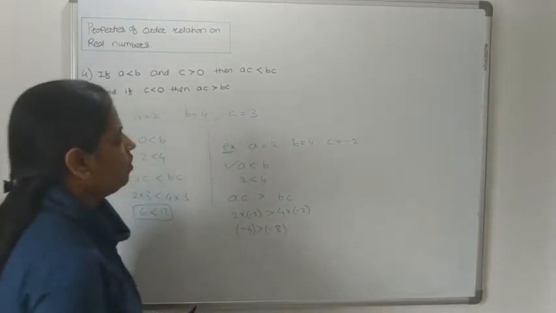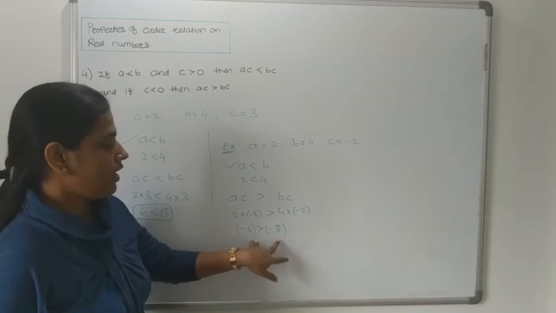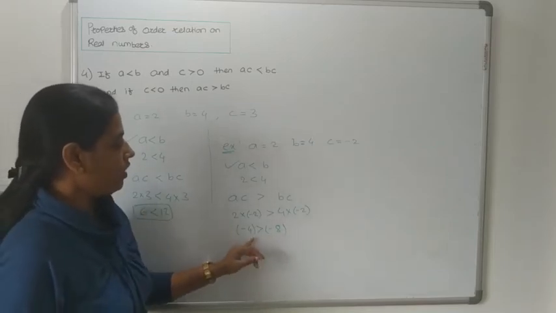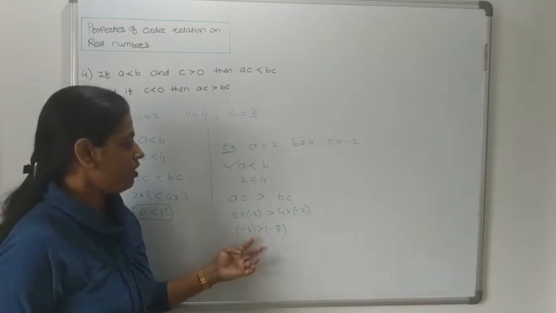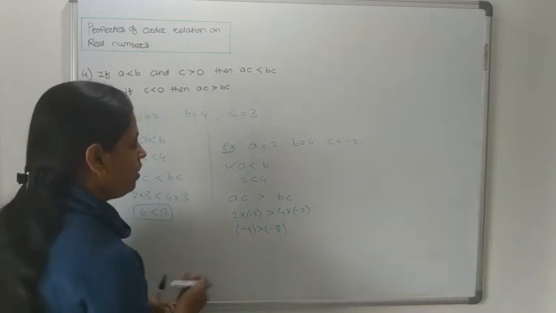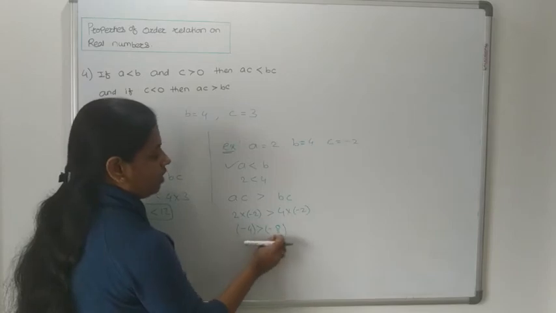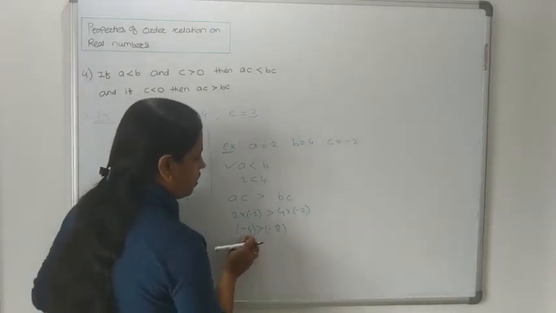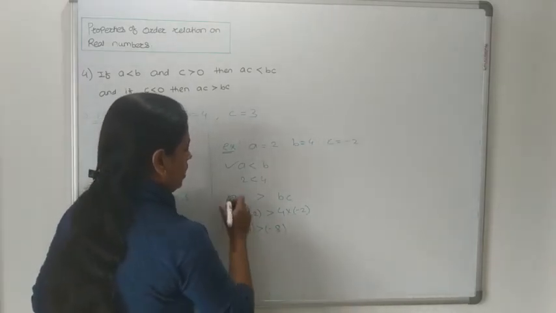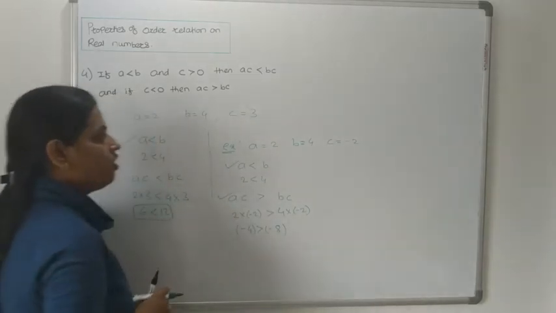So listen here, both numbers are negative. When we compare these two negative numbers, always remember that the smaller negative in magnitude is greater than the larger negative. That means minus 4 is always greater than minus 8. So therefore this statement is also true here.